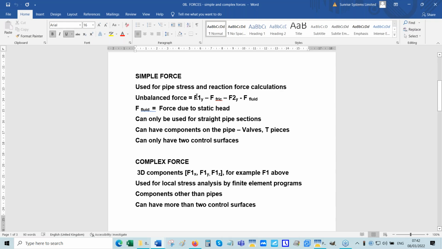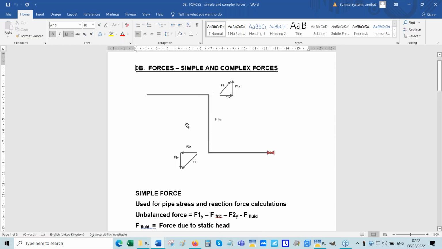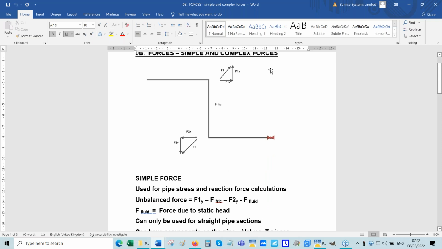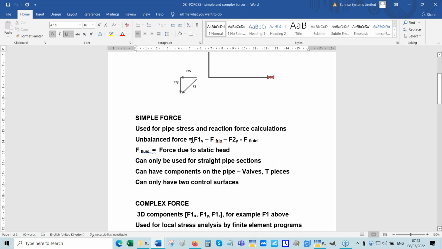And the fluid force exerts 4 components. We're considering this section of the pipe here. Don't forget F1y, F2y, and the frictional force. We also have the static head force.